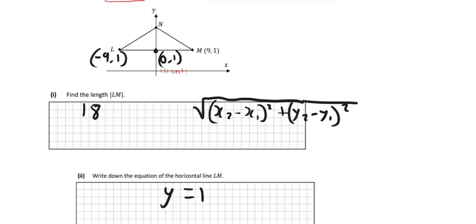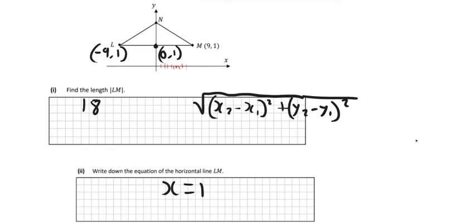So y equals 1. So, for example, this up here would be y equals 2, and that would be y equals 3, and so on. And then similar the opposite way. Any horizontal line would be y equals 1, y equals 2, y equals 3, and so on. So everywhere on that line, y is 1.